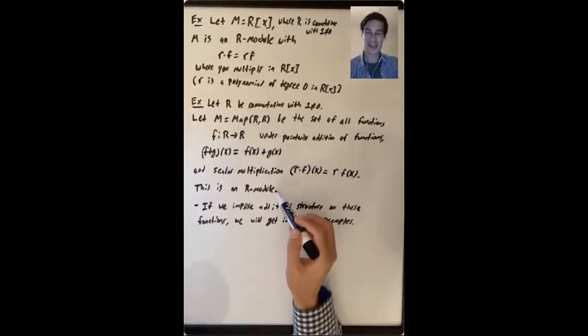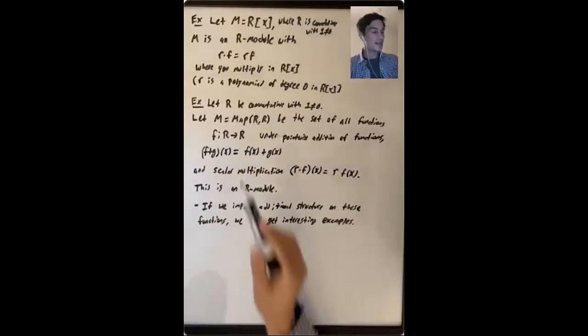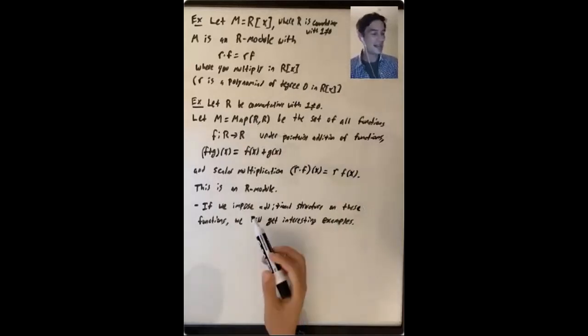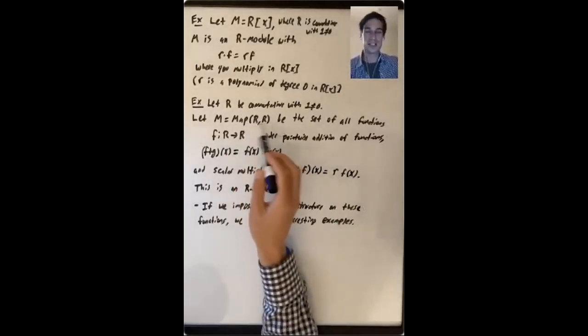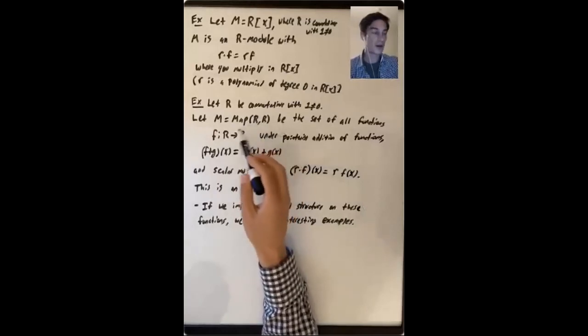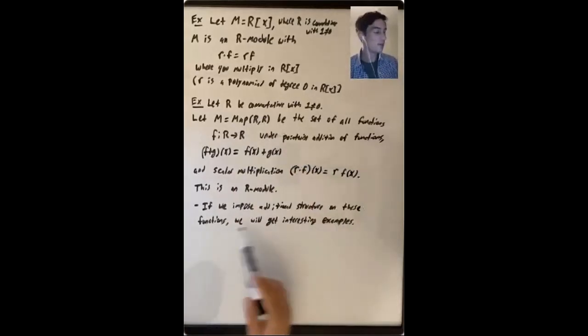OK, so you can check that this is an R module. This example is so general that it's maybe not that interesting. But the key idea is that if we impose additional structure on this set of maps from R to R, not just taking all functions, but maybe functions that have nice algebraic properties, then we'll get interesting examples of R modules.